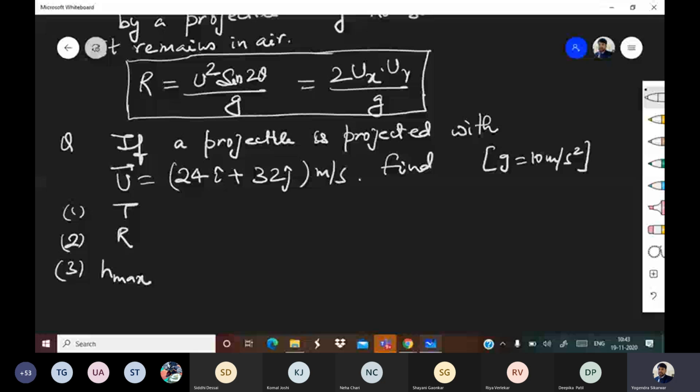It was the vertical velocity which was taking it higher and higher. So only vertical velocity is responsible for that. Horizontal has no role in lifting the object up or bringing it down. I hope you understood why it was happening.